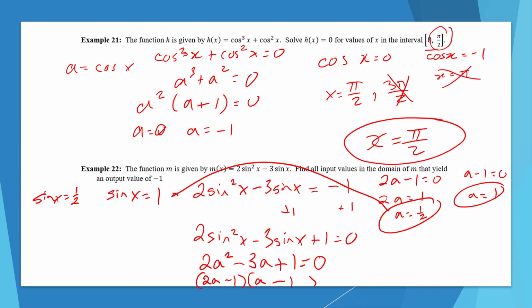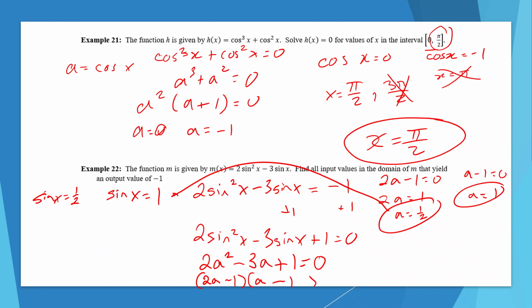Now, the biggest thing here is what is our domain on this question? Think about it for a second, because the answer is that we aren't given a restricted domain, which means this is going to be the only problem that we've done today that will include that plus 2 pi k. That's really what a lot of students miss, and that's going to be half the points on this question.